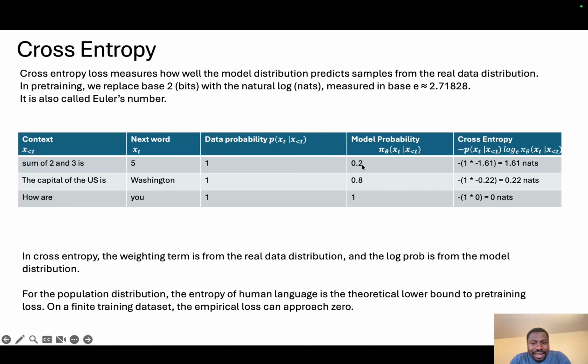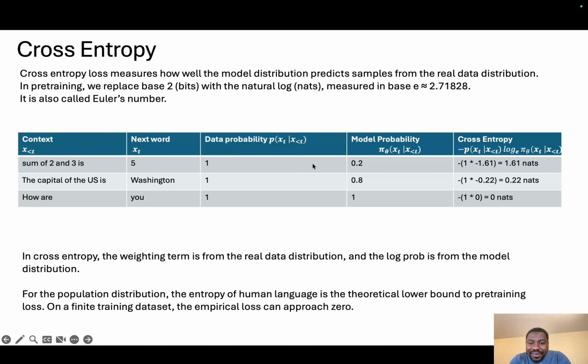And maybe for "the capital of the US is", the model gives a higher probability to Washington, 0.8, so that's good. Not perfect, as we would love this to be 1.0, but it gives a high number. For "our u", the model gives a perfect number, a probability of 1 assigned to the token u.